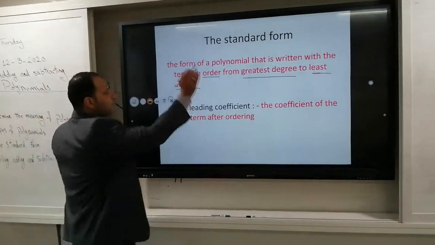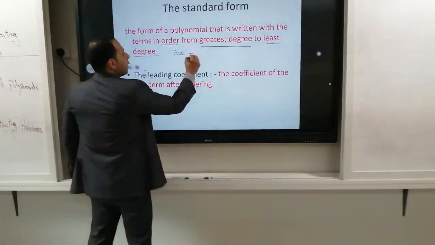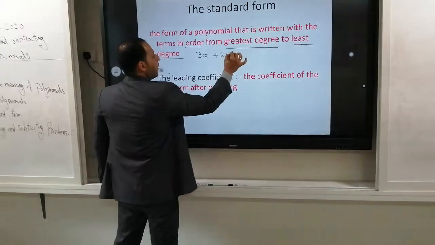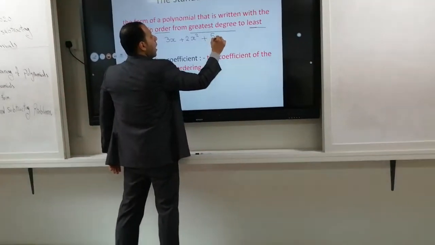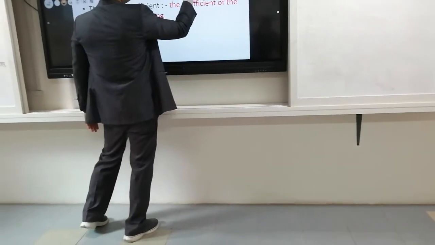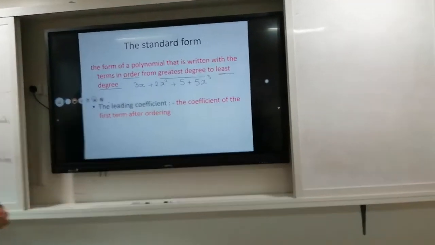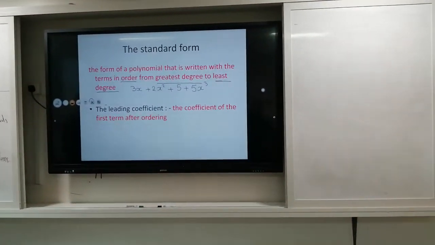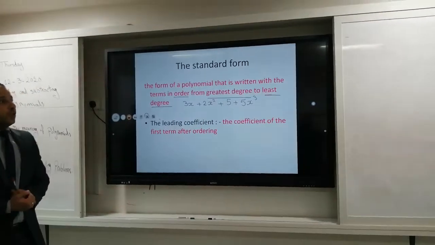Okay, let's start. I give you a small example. I have here 3x plus 2x power 2 plus 5 plus 5x power 3. We have here 4 terms, as you see. I need to get the standard form. To get the standard form, we must order these terms.